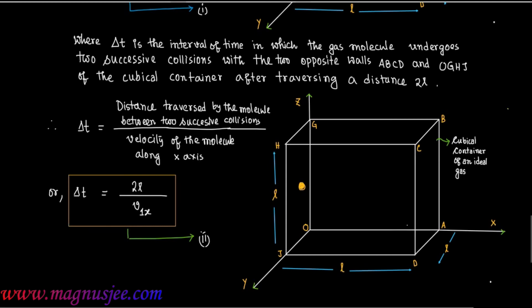In the diagram, we can denote the first gas molecule which started its motion from the wall OGHJ.